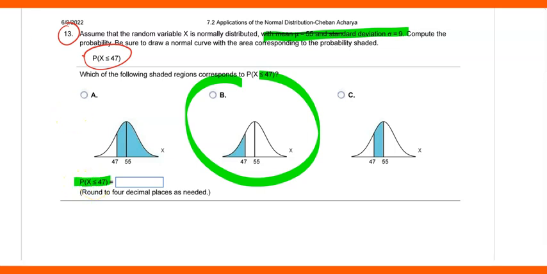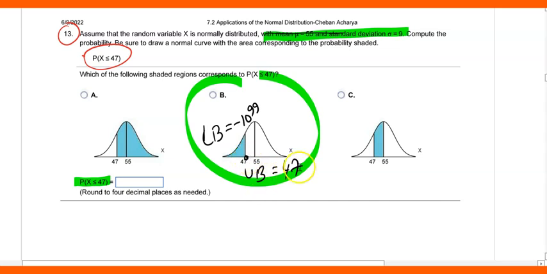You have to find the normal CDF, and for this area 47 must be the upper bound. Since the area is on the left, you don't know the lower bound, therefore the lower bound here is negative 10 to the power 99.